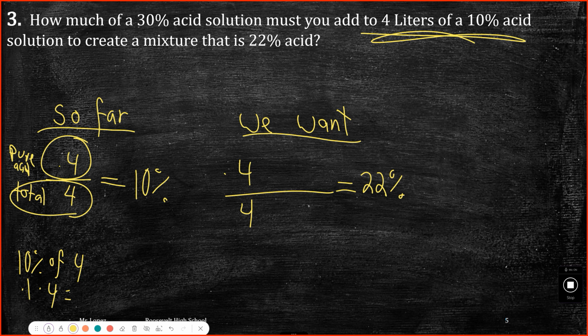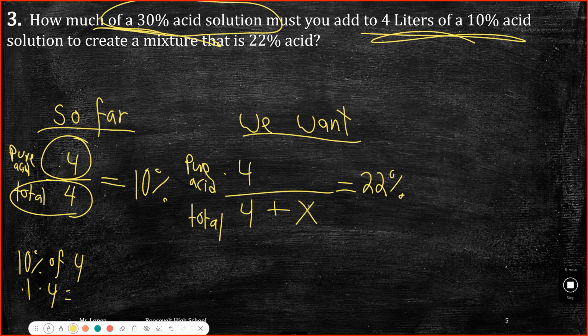We're going to add what? How much of a 30% solution, no? So we're going to add an X amount of that. Because this is the total, again, and this is pure. Is it acid? Yes. So we're going to add an X amount of this total, no?